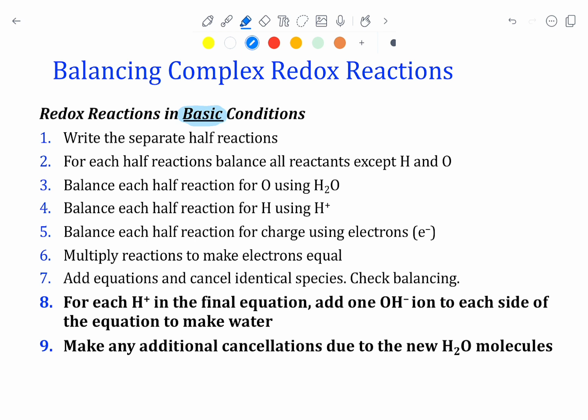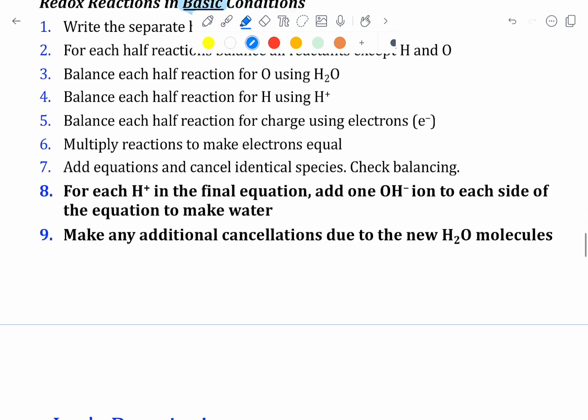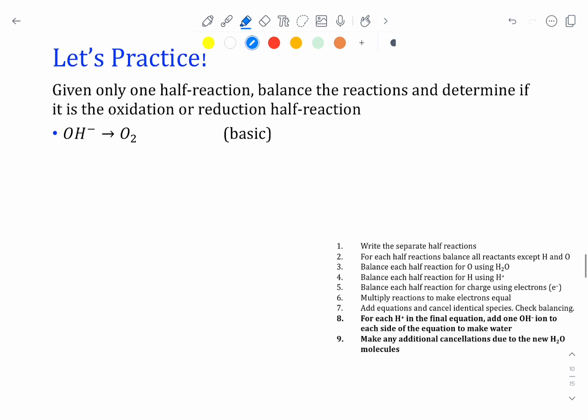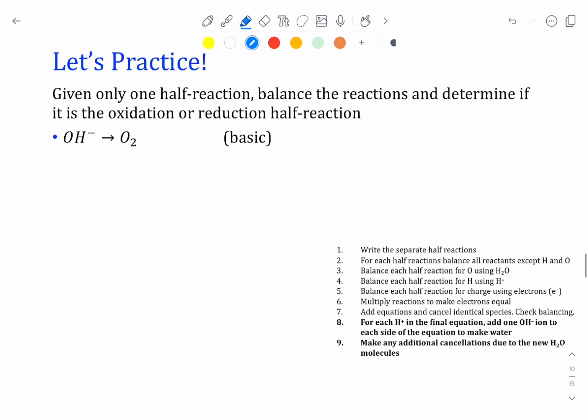And then since we're making water from doing that, our final step is to make any additional cancellations due to the new water molecules. So we just have to double check our canceling and simplifying from there. So let's jump into a practice problem where we're going to practice those new steps, again just because it's easier to explain these when we have a practice problem right in front of us.